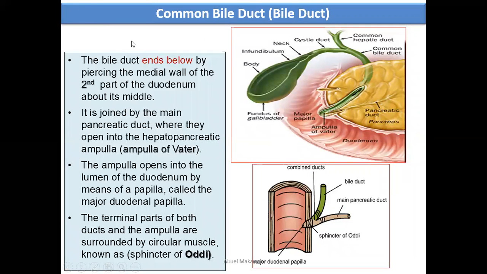Okay, the bile duct ends below by piercing the medial wall of the second part of the duodenum. Now, if you see here, the common bile duct and the pancreatic duct will pierce the second part of the duodenum.